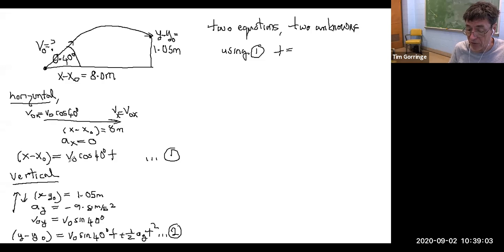And so I just divided the displacement by v naught and divided it by cosine of 40 degrees. And I also filled in the fact that I knew the displacement was 8 meters. And so t equals 8 divided by v naught cosine 40 degrees.